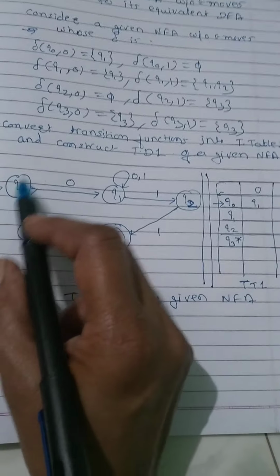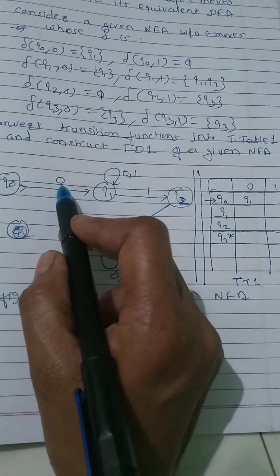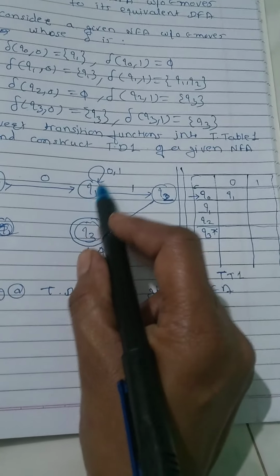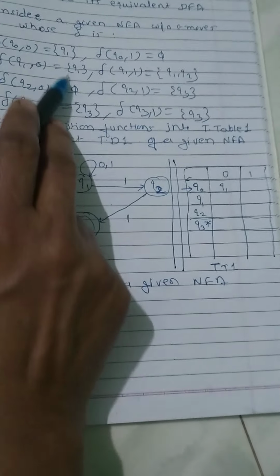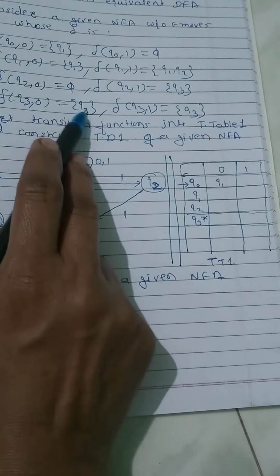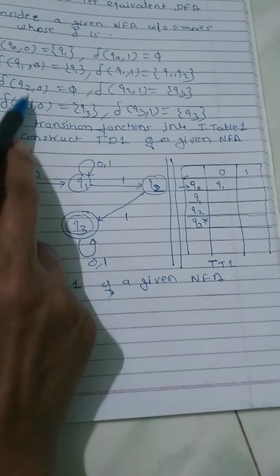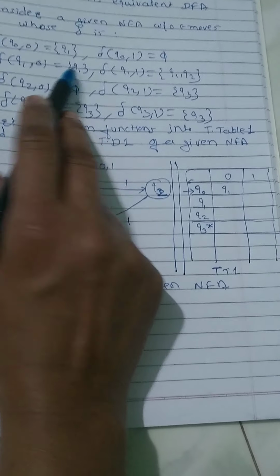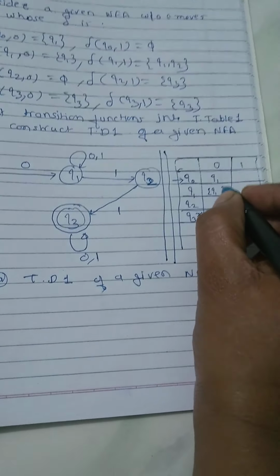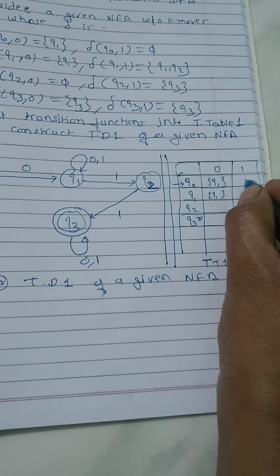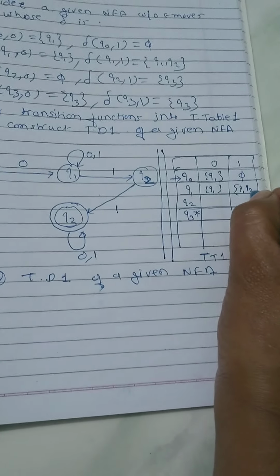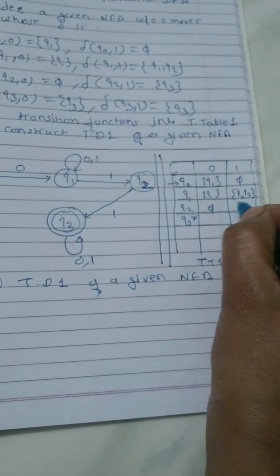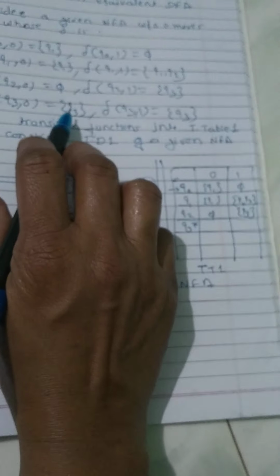So I have written q1 here. Then for q1 the next states are the same, you can copy directly: q1, then phi; q1 q2, then phi q3; phi q3; then q3 q3.